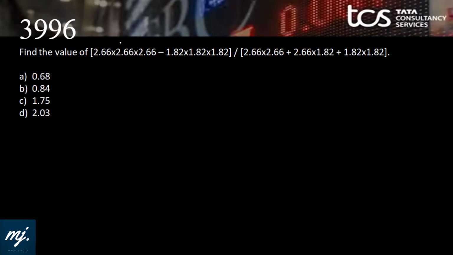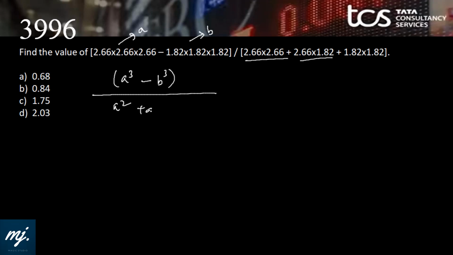An algebraic identity, it seems. If this is A, this is B, let me fit. A is 2.66, this is A cube, minus 1.82 is B cube, divided by A square plus AB, straight away the question is given, and plus B square.